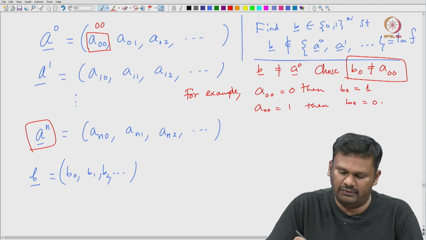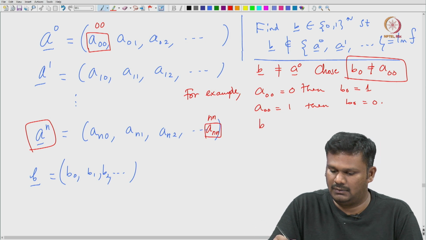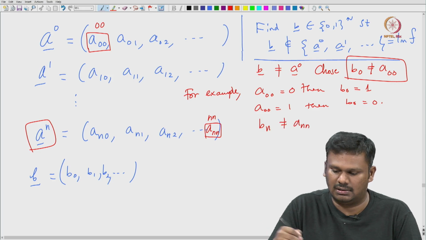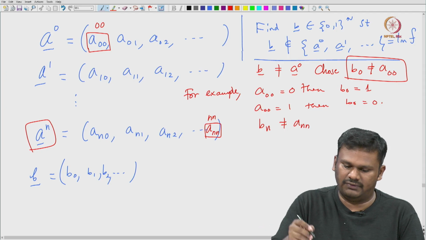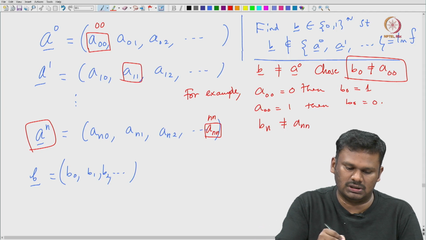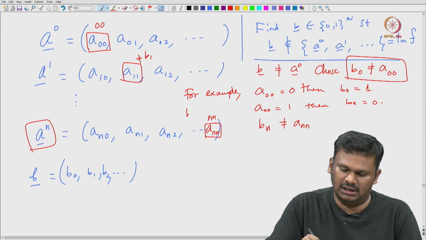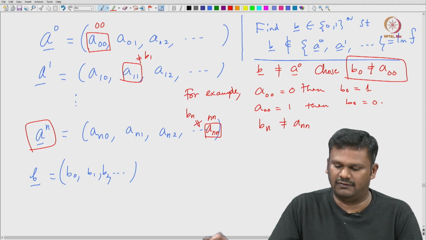So, we will just look at this nth place which is A n n. Okay. So, there we choose this B n which is different from A n n. Okay. So, that is what we will do. So, for example, in A1 bar we choose this B1 which is different from this. Similarly, we choose Bn which is different from this.